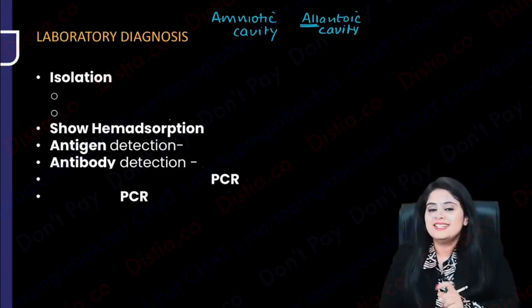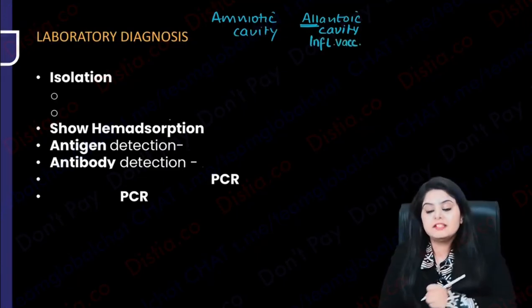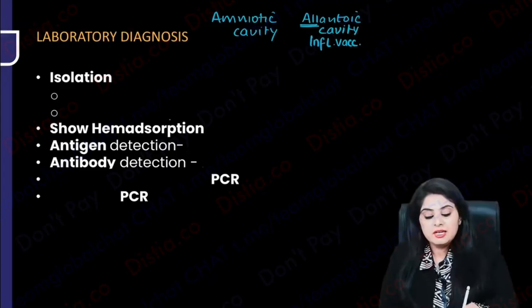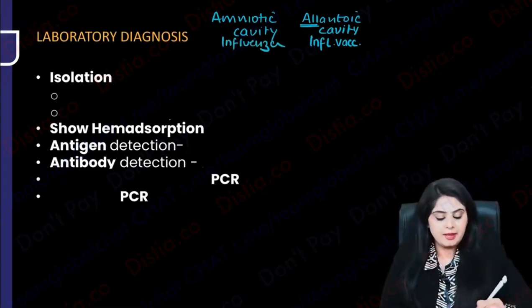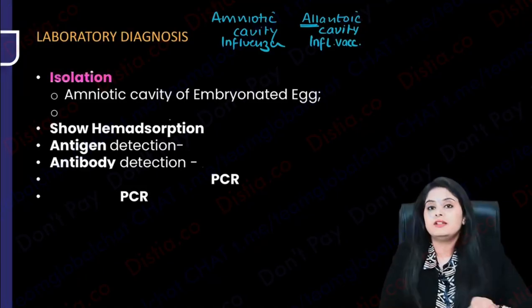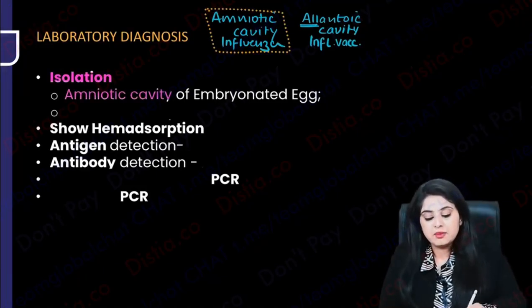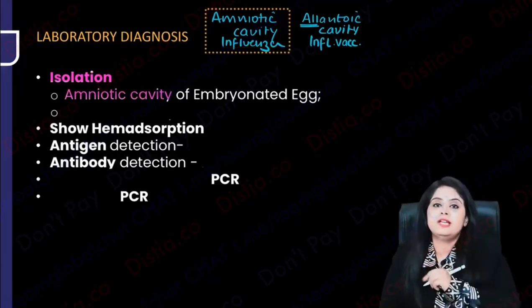Do you remember something? Yes, yari. So remember, the influenza protective vaccine was basically prepared in the allantoic cavity, but influenza growth was going to happen in the amniotic cavity. Am I right? Let me check. Yes. If I want to grow the virus, I am going to use the amniotic cavity. If I would have had to make the vaccine, I would have used the allantoic cavity.